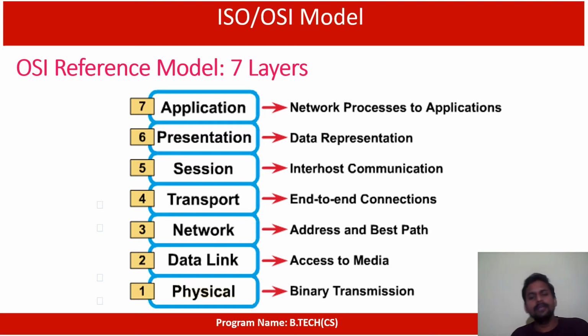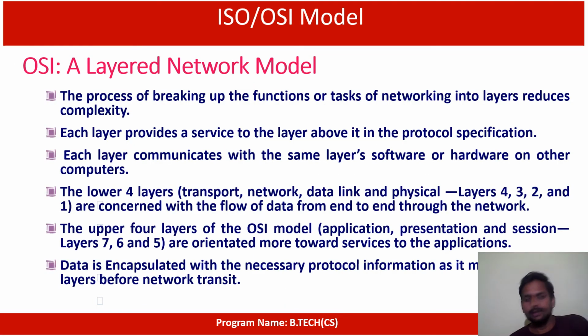Okay, let me see what these are. All right, in point number 4 they mention the lower 4 layers. That means starting from physical, data link, network, and then transport.